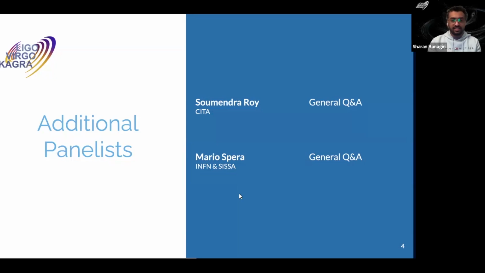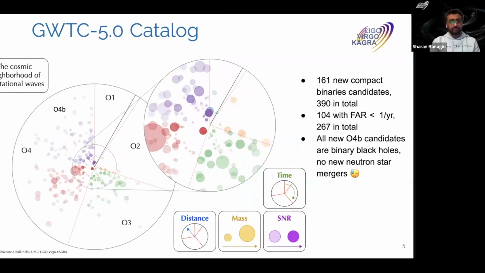Okay, so let's get started. This infographic shows all of the gravitational wave detections since the first observing run of LIGO, Virgo, and KAGRA. We had webinars over the last 2 weeks, which went into more detail on the catalog itself.